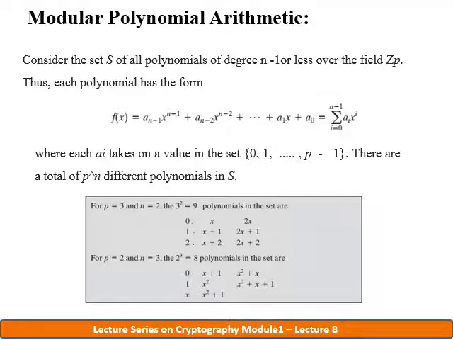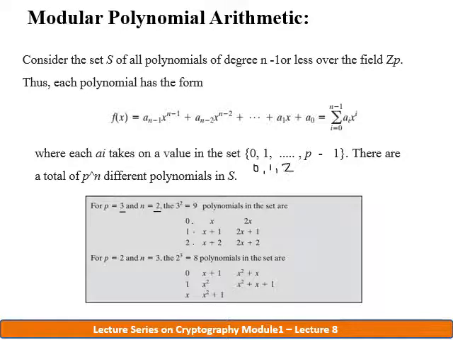It is mentioned here that n equal to 2 and p equal to 3. So p equal to 3 means the set elements are 0, 1, 2.